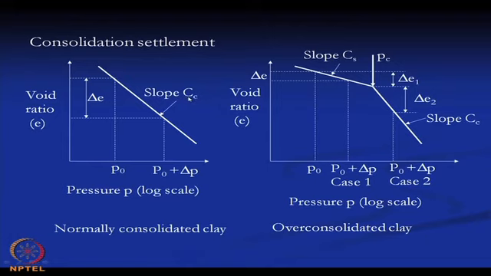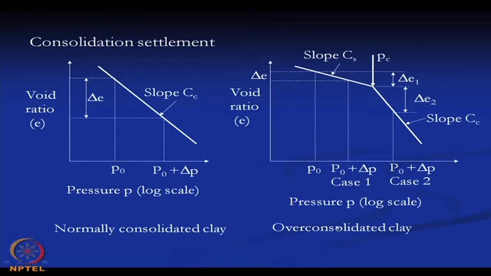This is the stress difference, del P, from P0 to P0 plus del P, and because of this stress difference there is a difference in void ratio, del e, and as expected, as we increase the pressure, the void ratio will decrease.